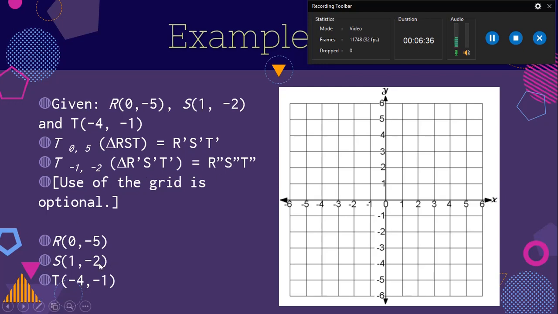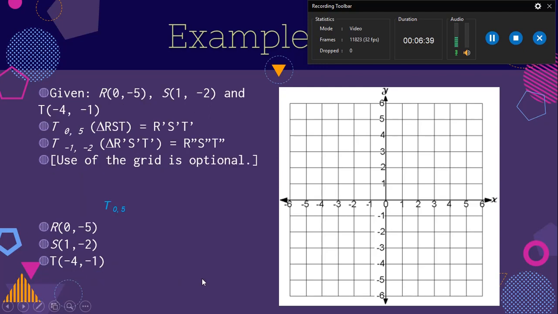So let's set up our 3 original points, and I'm going to put the first rule there. So I'm adding nothing to X, and I'm adding 5 to Y. So there's R prime, S prime, and T prime. Now, to apply the second rule, it says to use what you just created.